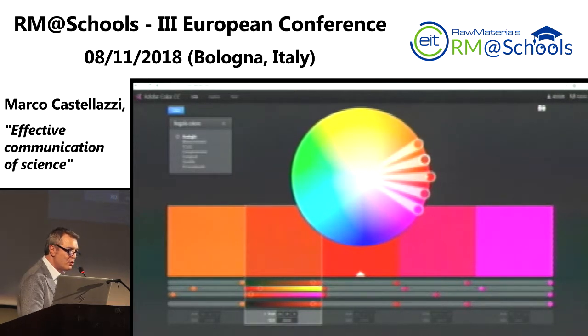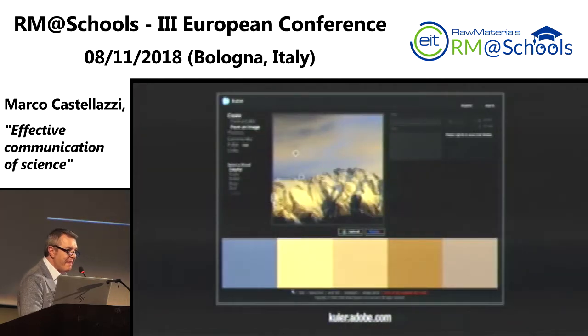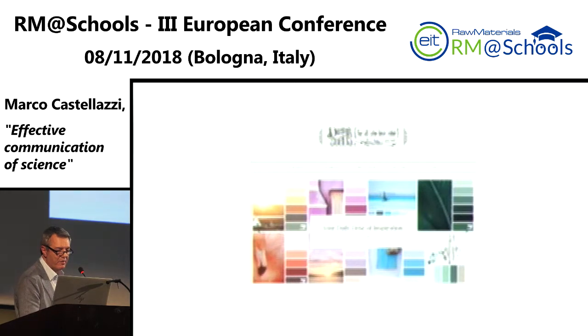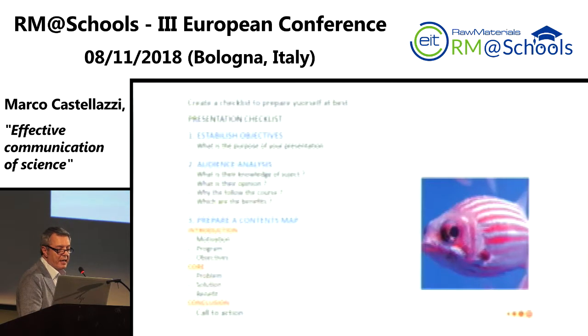Or if you want to capture a feeling that came from a picture or a moment you lived, you can take one of your pictures, put it in, and spot which kind of colors can be right for your presentation. There are a lot of websites for free also.